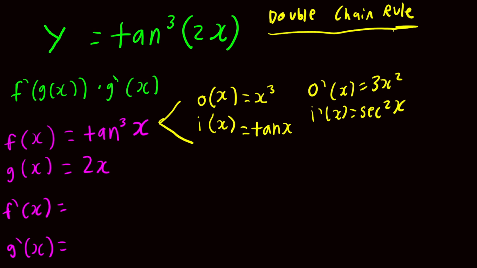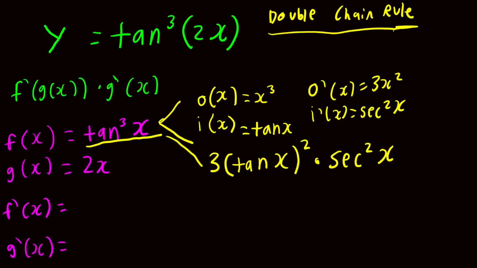Outer function, so O prime, so 3 of g of x, which is I of x in this case, tan x squared times g prime of x, which is I prime of x in this case, secant squared x. Okay. So we just found the derivative of tan cubed of x. Okay, that's the derivative. And now that we have that, we can write that in here, right? Because f prime of x is just the derivative of f of x. So that's what we needed to do that chain rule for.